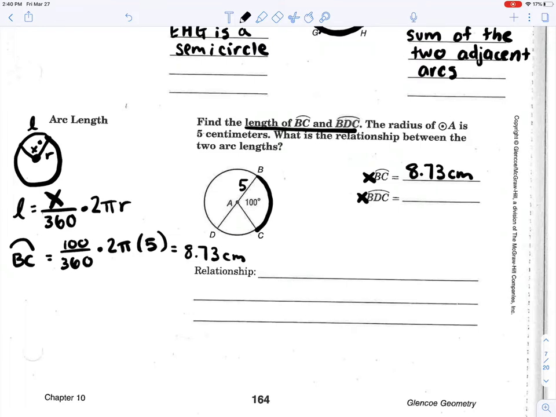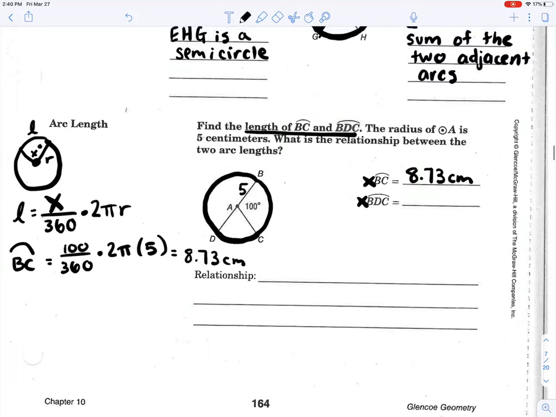Then I can find BDC. Well, BDC is the other portion of the circle. It's the rest of it. So if this angle was 100, the other angle is going to be 360 minus 100, or 260 degrees.